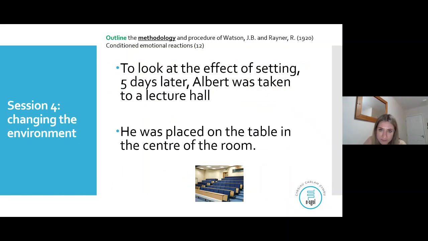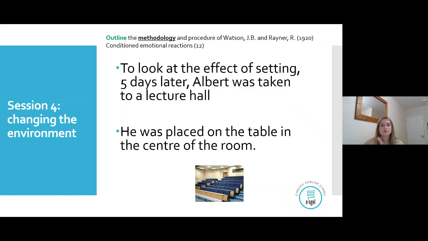In session 4, so remember, it was emotional tests, initial exposure of the object and the noise, exposure of the object and the noise 5 times, generalisation to other objects, and now we've got changing of the environment. They thought, oh, well, maybe he's associating this room with being scared, and that's why he's reacting the way he is. So they took him out.